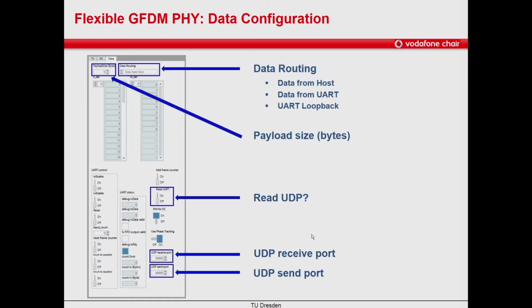UDP receive port refers to the UDP port number used to receive the data from the video stream player, and UDP send port is the UDP port number used to send the data to the video stream player.